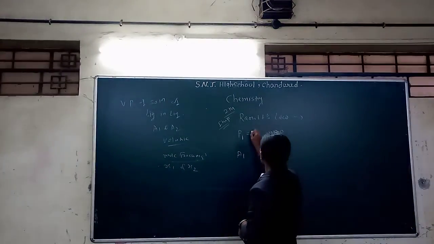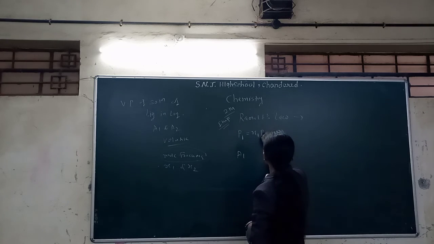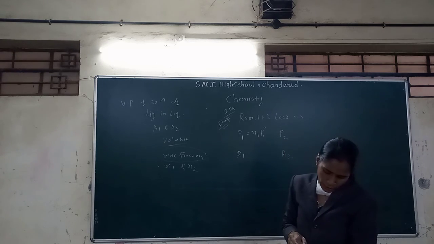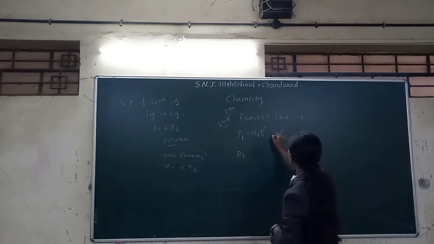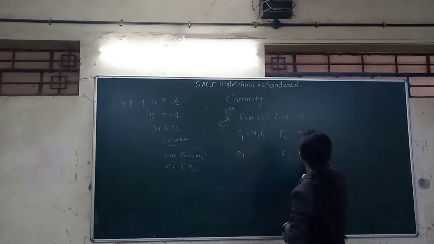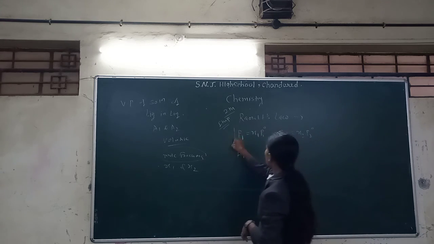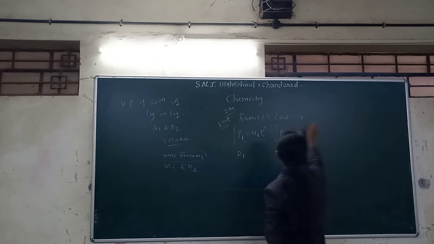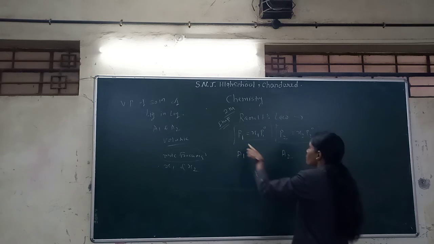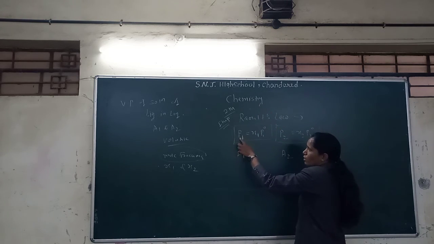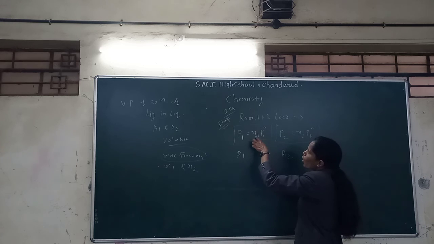That is, P1 is equal to X1 P1 naught and P2 is equal to X2 P2 naught. Again I repeat, for the partial pressures P1, P2, X1 is the mole fraction.